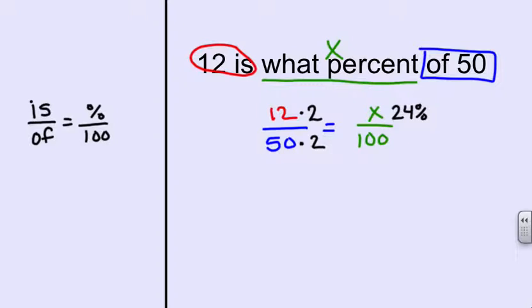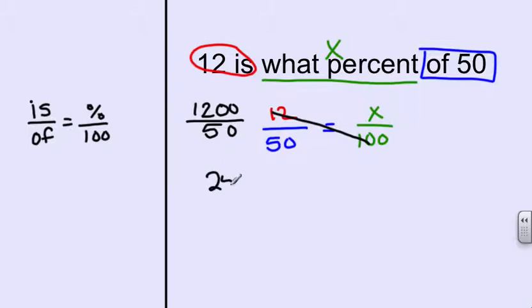Now, just in case the problem isn't that easy, because it's not always, let's pretend that we couldn't do that or we didn't see that. What I would do is look cross from each other and see which of them had something to multiply. 50 times x does not have anything to multiply. 12 times 100 can. 12 times 100 is 1200, and then divide it by 50. 1200 divided by 50 is 24.